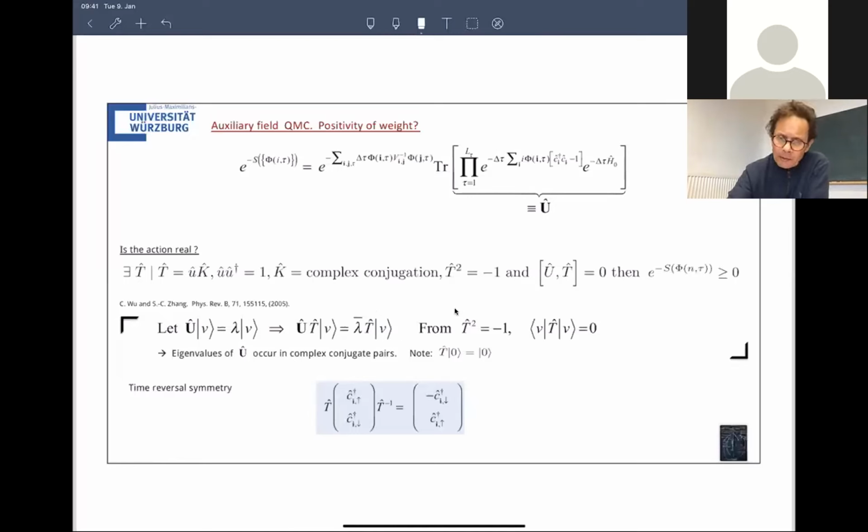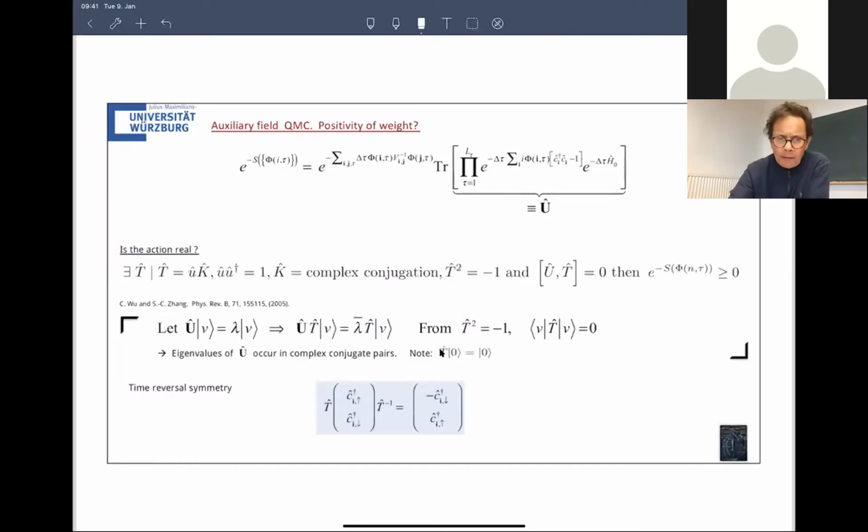That's where the point T squared equal to -1 comes into play. If T squared is equal to -1, then I can show that the scalar product of T nu with nu is equal to 0, meaning that this vector is orthogonal to this one, right?